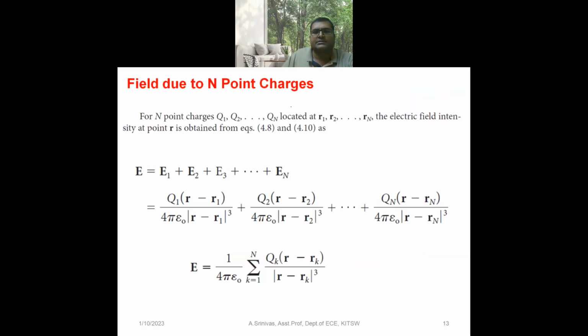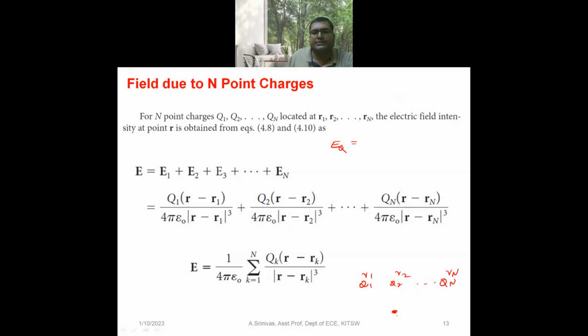Electric field intensity due to n number of point charges. The same concept you can apply here, whatever the concept we applied in the case of force due to n number of point charges. That is the electric field at point Q due to n number of point charges. Here assume Q1 with position vector R1, Q2 with R2, like that Qn with Rn.